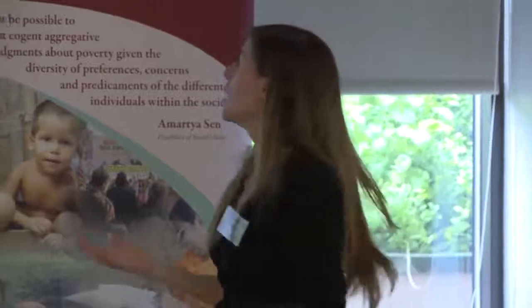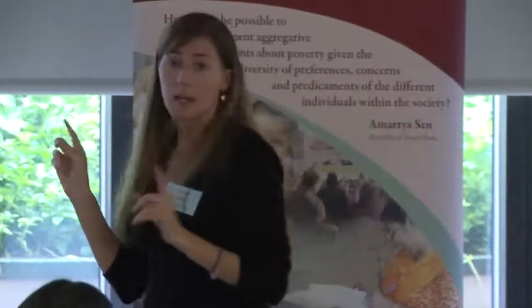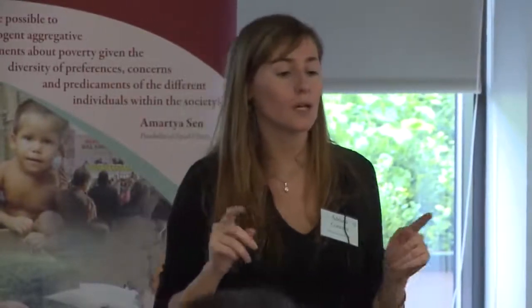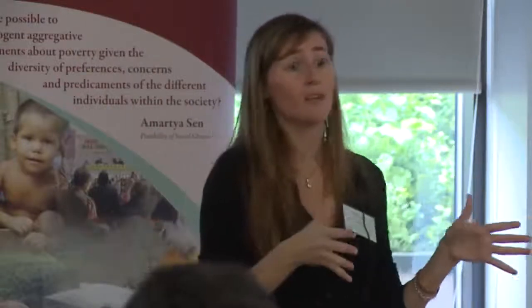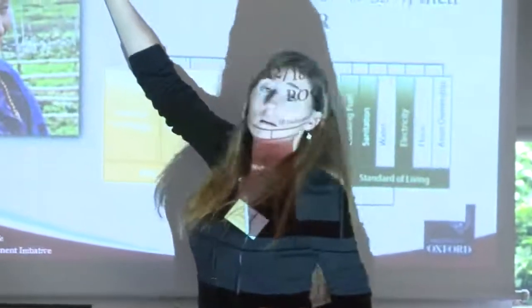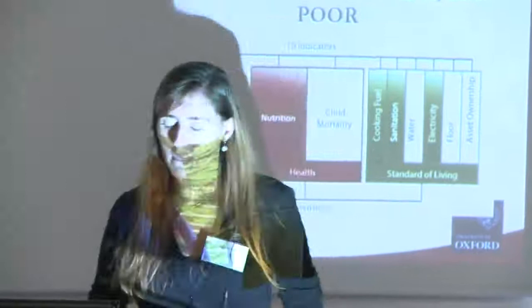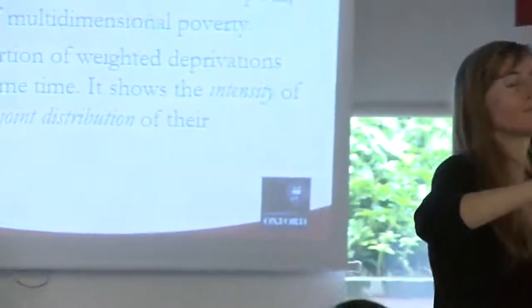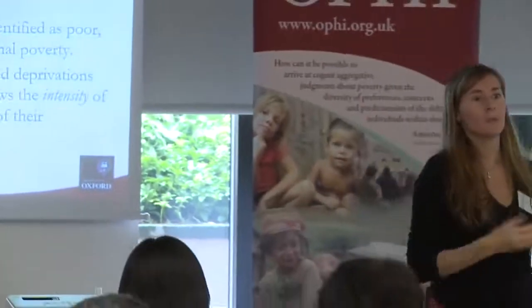Now, again, we are only looking at those who are poor, not at everyone, just those who are identified as poor using this restriction. So when I take the average of the deprivations, what's the minimum that we could have?